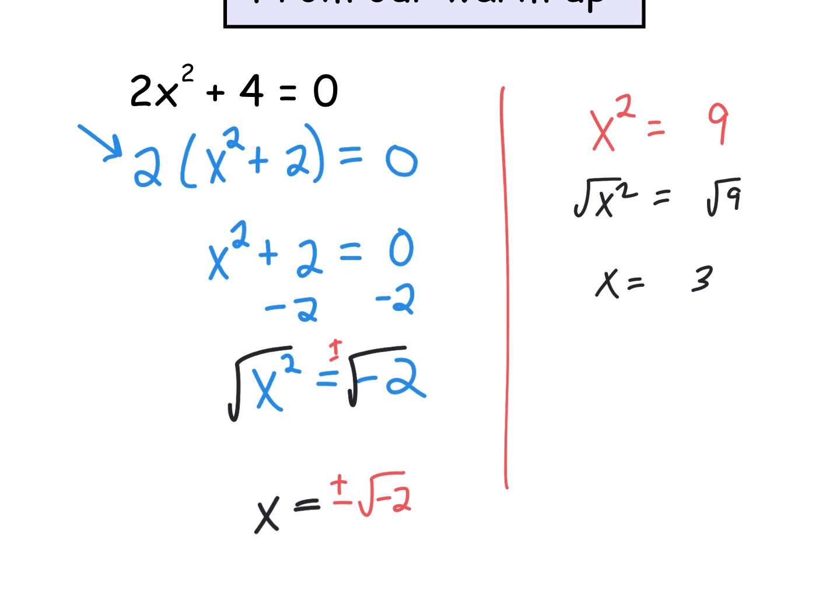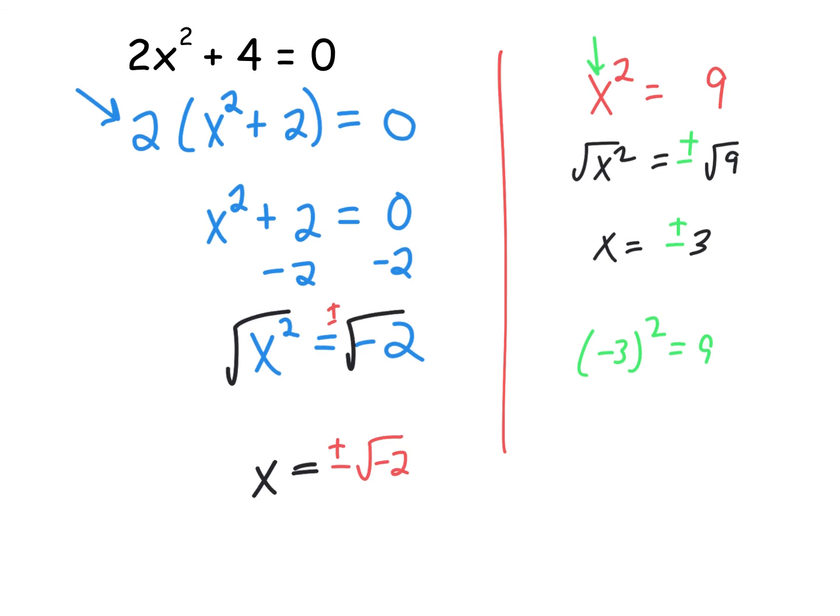If you check x equals 3, when you square that, you do get 9, but if x were negative 3, wouldn't negative 3 squared also equal 9? So that's why when you solve by taking square roots, you include the plus and minus, because the negative 3 also solves that. Okay? And again, we'll do a lot more with that down the road, but just at this point, keep that in mind. Whenever you take a square root to solve an equation, you're going to do the plus and minus.